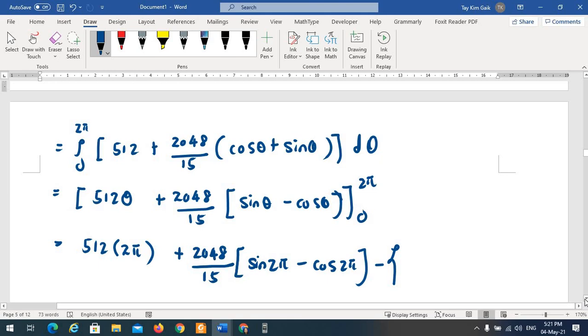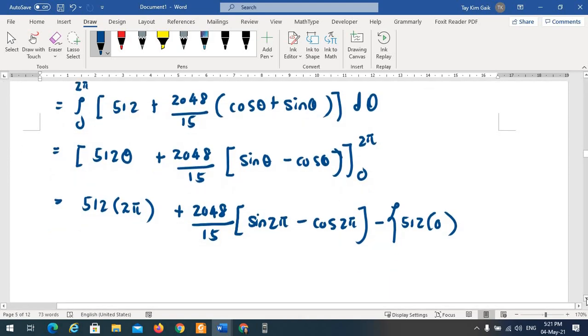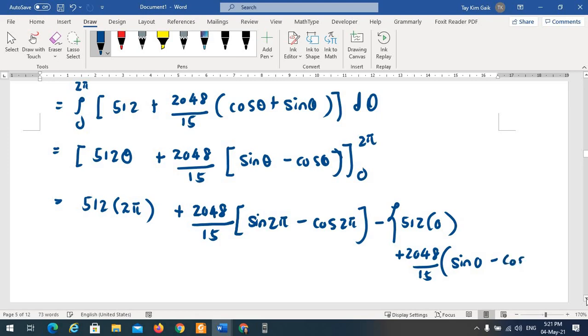Sin 2 pi is 0, sin 0 is 0. Okay, plug in slowly for you to see. Sin 0 minus cos 0. With sin 2 pi, you get 0. This one, 0. Sin 0, 0.